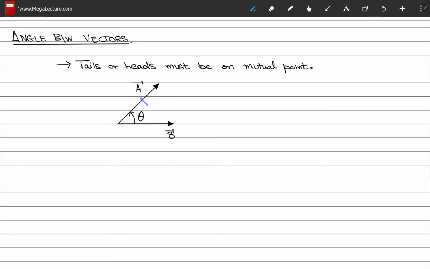Suppose that these are your two vectors, vector A and vector B, and this is the angle theta that would be measured as the angle between these two vectors. You can see that these two vectors have their tails at a similar point. Both tails start from this point, and so the angle between these two vectors is this angle theta.